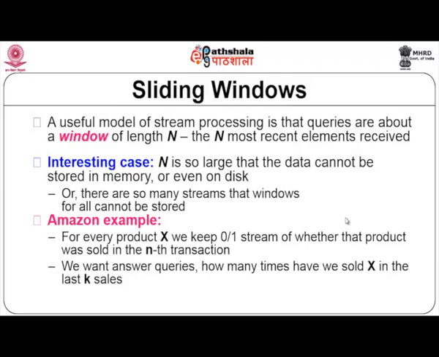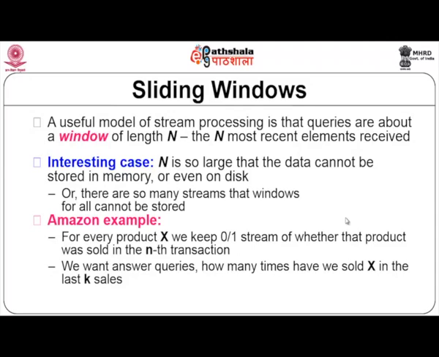The interesting case here is in stream processing environment. When we discussed the stream processing model, I have already mentioned we have limitations on our main memory. Therefore, we may not be in a position to hold all the n elements that are present in the given data stream, because we have a limitation.